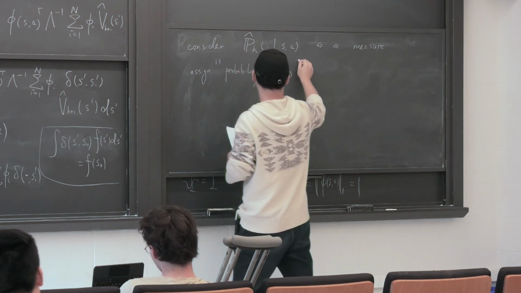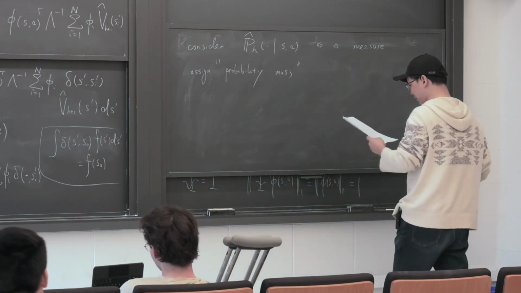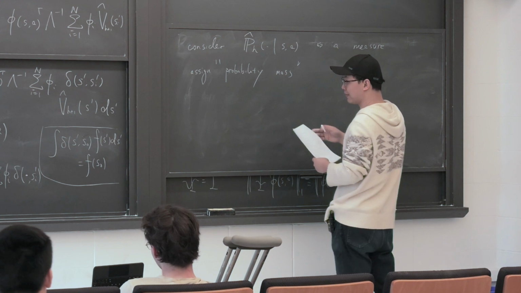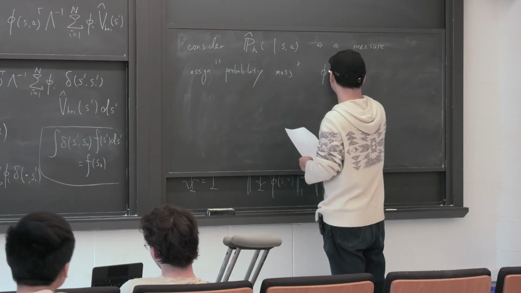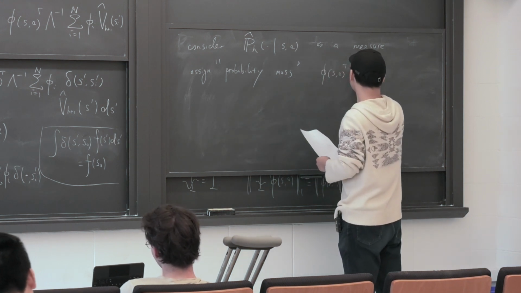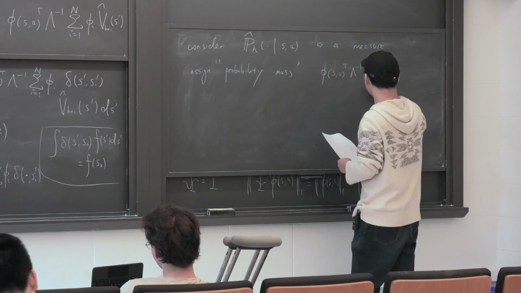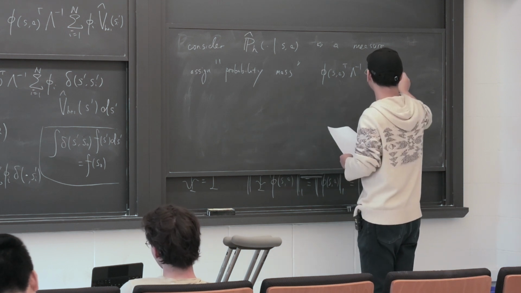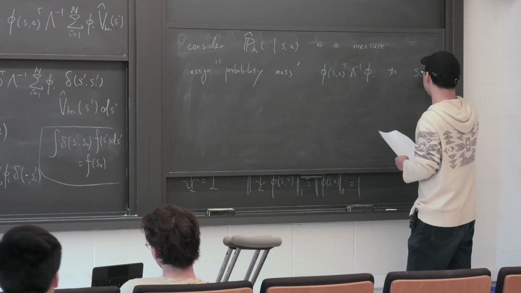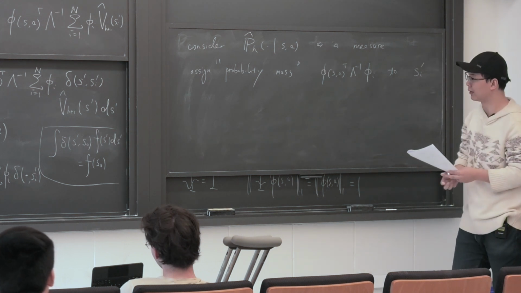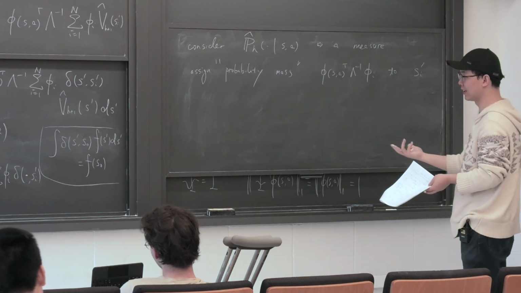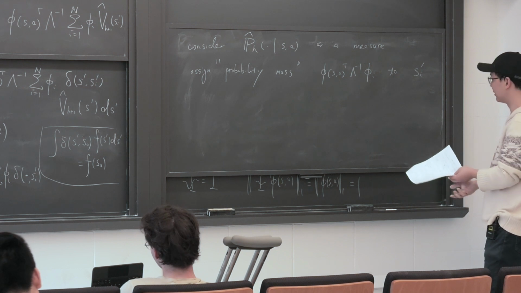We say we have a quote, we'll explain later, which assigns probability mass phi SA transpose lambda inverse phi I to the next states Si prime.